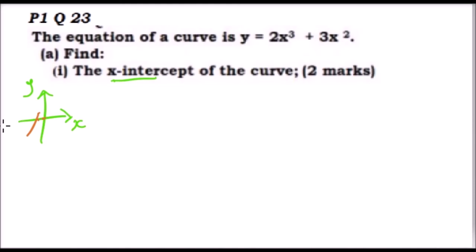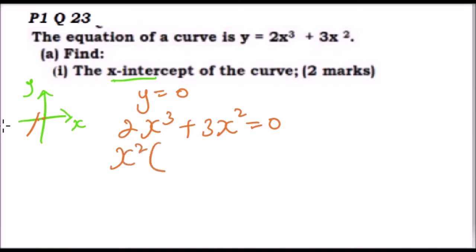So at the x-intercept, y equals 0, and therefore we can equate 2x cubed plus 3x squared equals 0. This is a cubic equation, so we can factor out x squared, and we'll be left with x squared times (2x plus 3) equals 0.